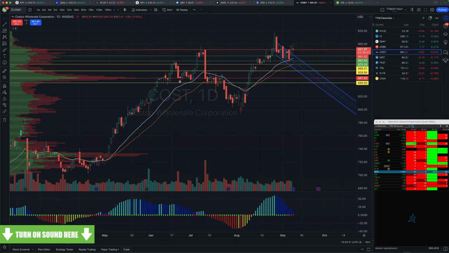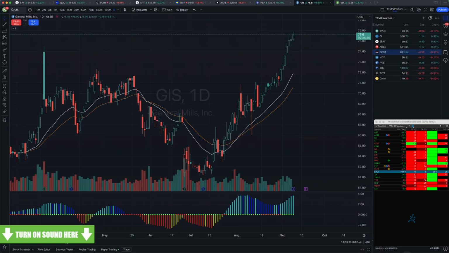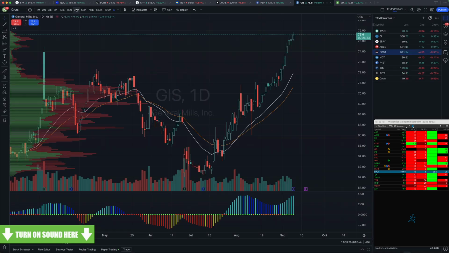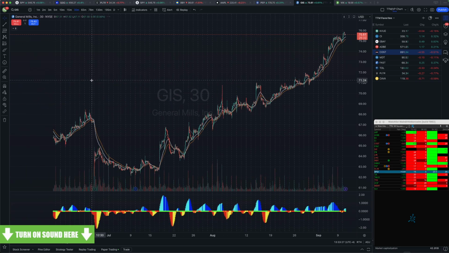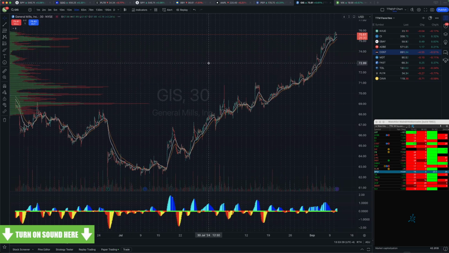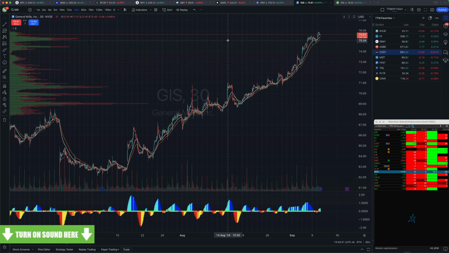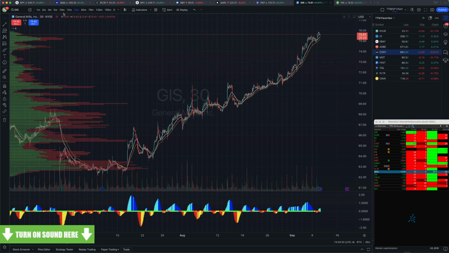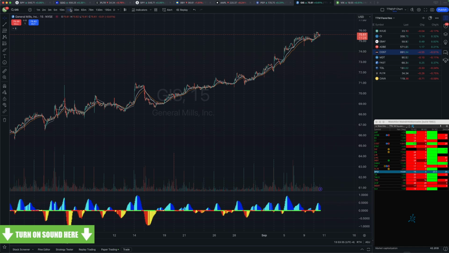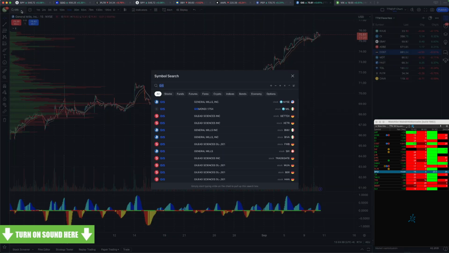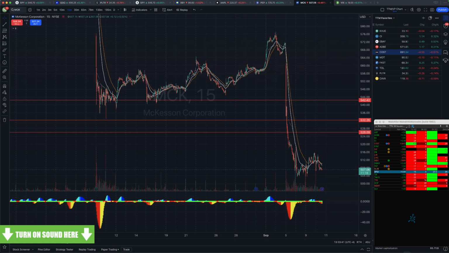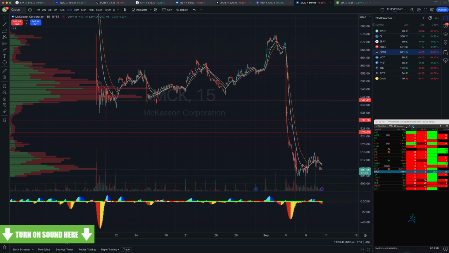Let's see. GIS. Not going to be able to find anything on that, at least not in the trade setup that I'm looking for. MCK. Yeah, you can find an entry on them if you want.